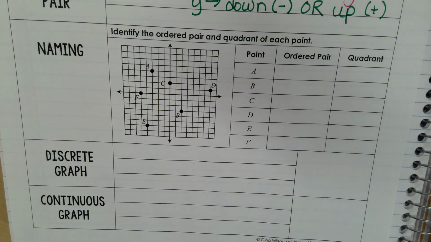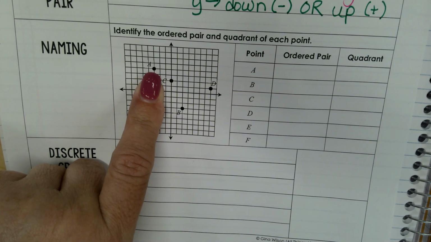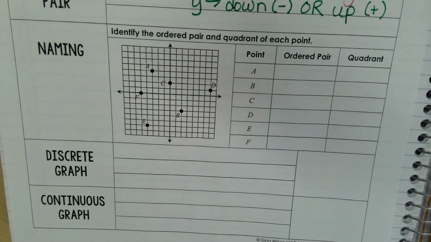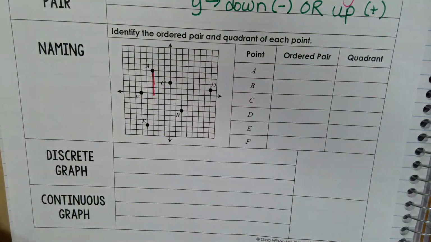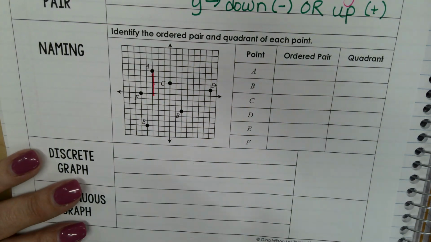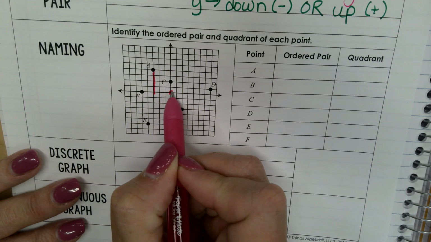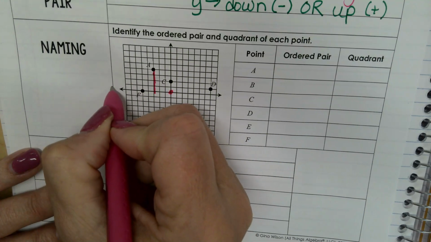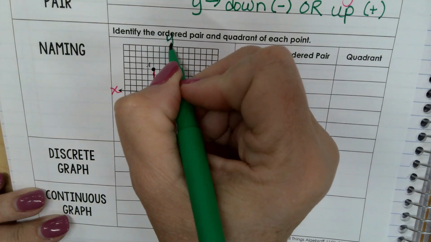Okay, so let's look at ordered pair or point A and find the ordered pair for A. Okay, so A, I'm going to look and see where does this line touch the x-axis. Okay, now look right here. That's the origin where I put that dot. This is my x-axis. This is my y-axis.